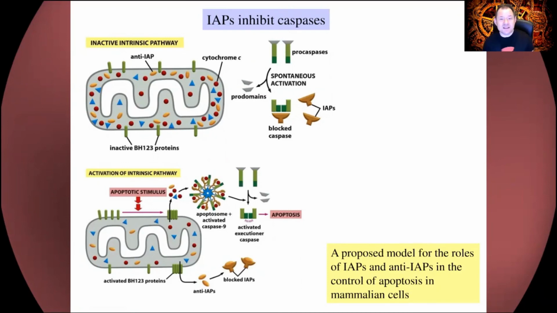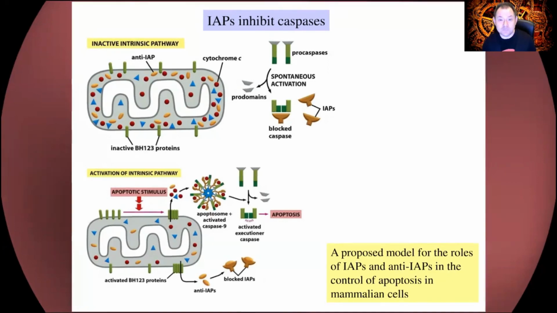Now, the IAPs basically bind to caspase and block it. So they inhibit apoptosis. They are inhibitors of apoptotic pathways, these IAPs. Now, when you've got the holes in the mitochondria, the cytochrome C leaks out, but also so do the anti-IAPs. And these anti-IAPs block the IAPs and make it more likely that apoptosis will occur.